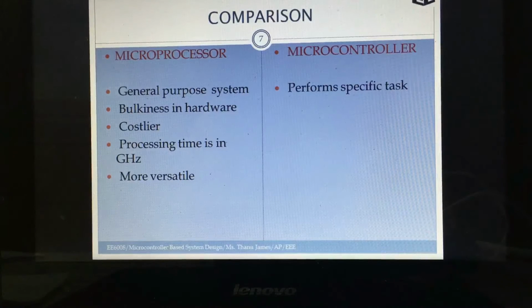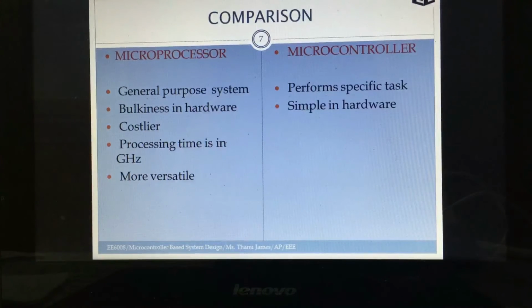From the block diagram, you can see that the peripherals are attached to the CPU, so the system as a whole comes as a bulkier unit. But in a microcontroller, all the peripherals plus the CPU are on a single chip, which makes the microcontroller lesser in size. And since it is lesser in size, the cost will also diminish.